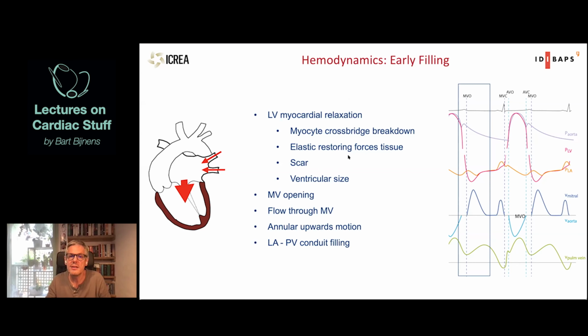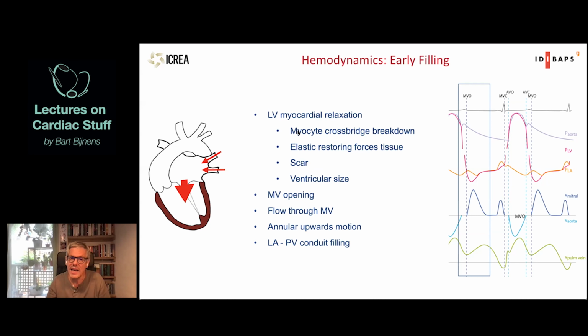So this is the driving principle for the decrease in pressure, to make the pressure in the ventricle lower than the atrium. And the better this is, the faster the pressure will go down and the lower the pressure will become. So the bigger the gradient will become, thus the better filling we will have, of course.